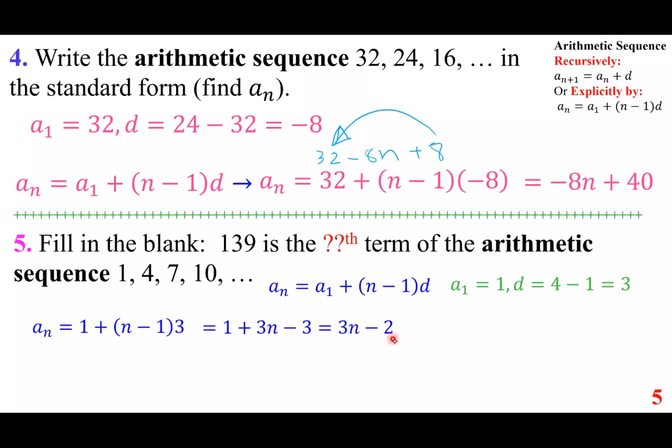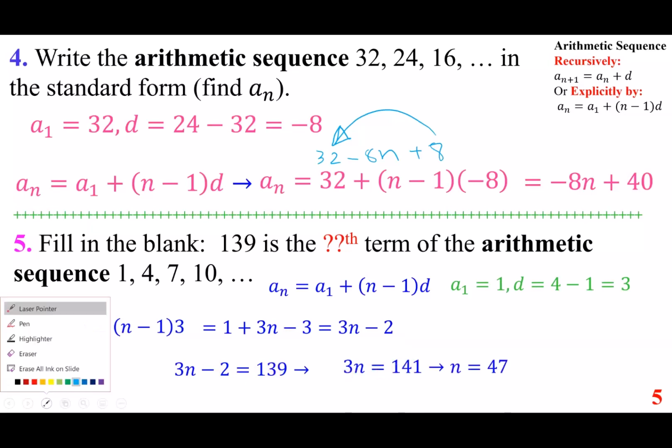We are going to move the 2, becomes positive 2, and 139 plus 2 is 141 when you divide by 3, you get 47. And if you have any doubts, you can either in this formula or in this formula plug in 47, and it should give you 139.